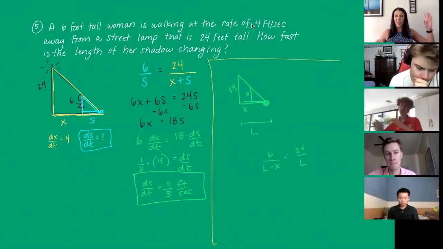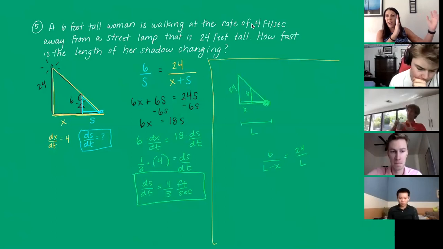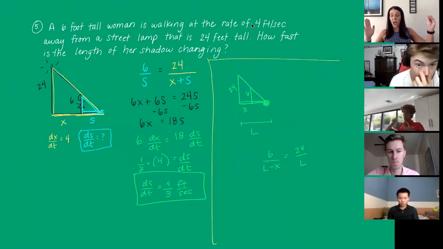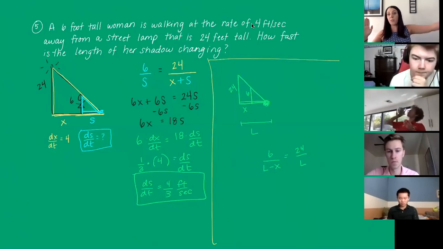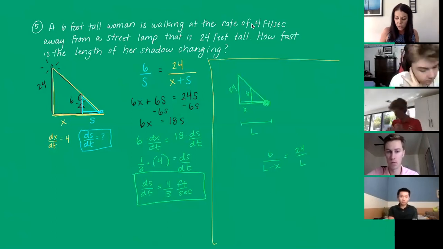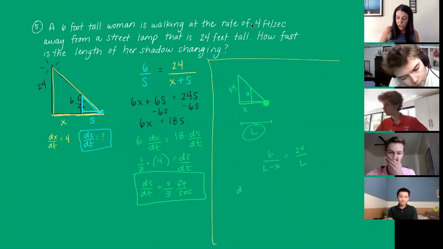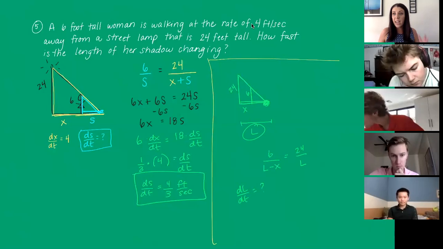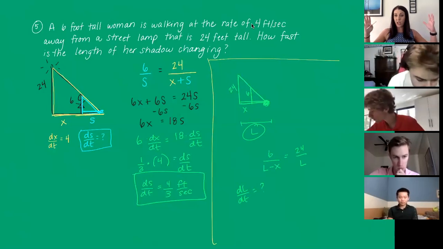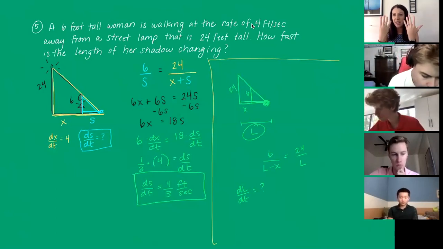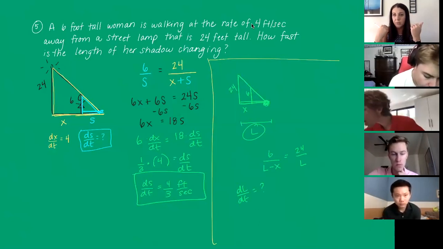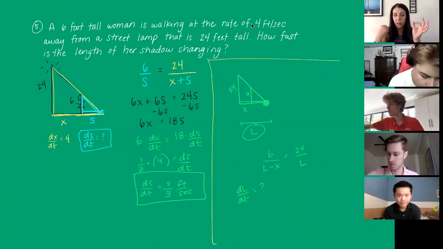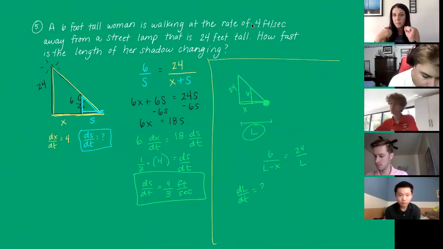So it wants to know that tip of the shadow, not how fast that piece is growing from the person, but how fast that dot, the tip of her shadow, is moving away from the light pole. So the reason we chose an L is because I am actually looking for a dL/dt in this kind of scenario. I need to know that total distance's change. And if I just have x and s, I don't have a variable that's going to help me determine that information. Great question. Other questions?